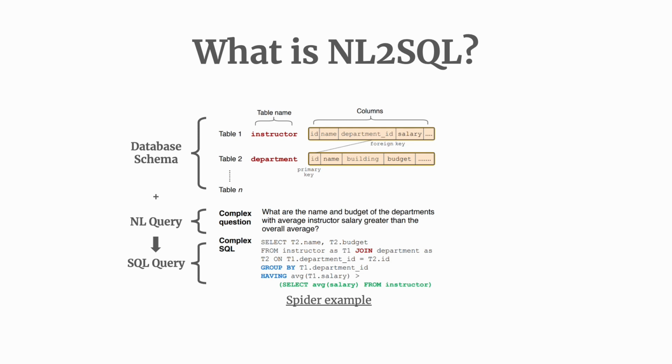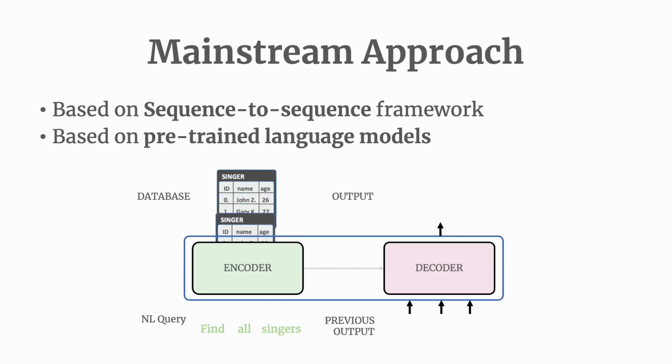And next we need to talk about how existing approaches tackle the NL to SQL problem. With the advances in neural machine translation techniques, the mainstream approaches generally formulate the NL to SQL problem as a language translation task, and use the sequence-to-sequence framework to build the models.